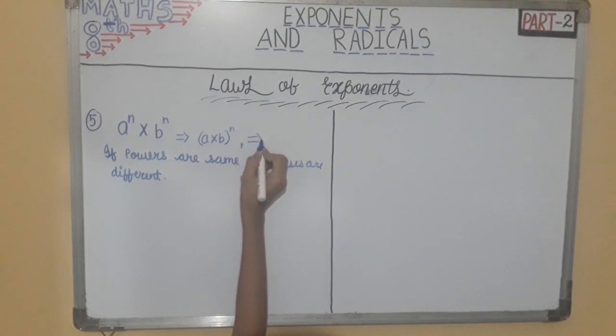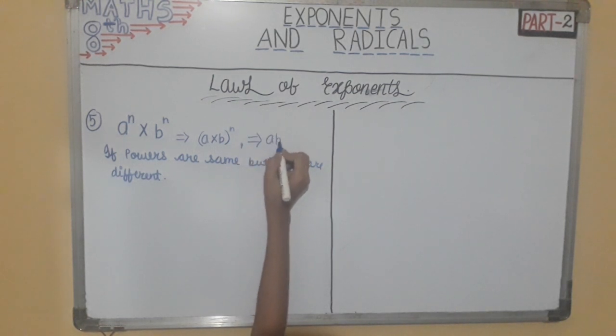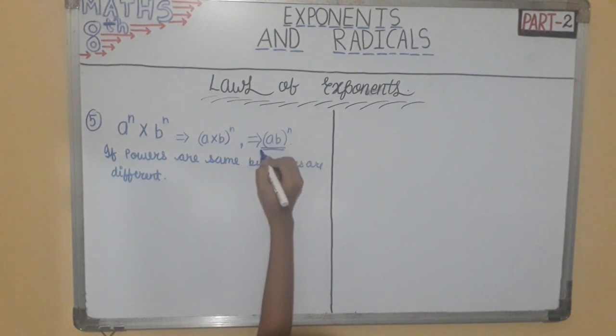We will write it as ab whole raised to n like this. This is the fifth law.